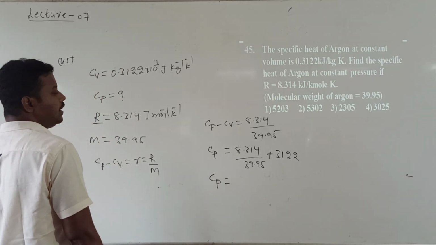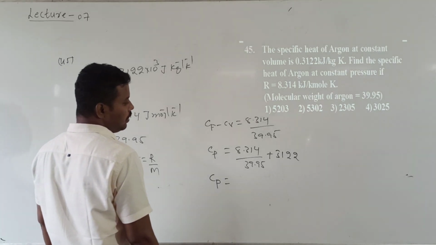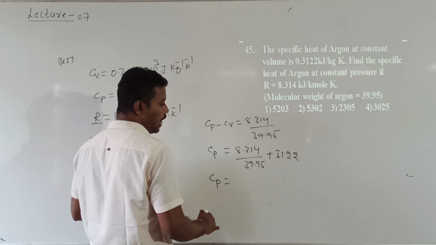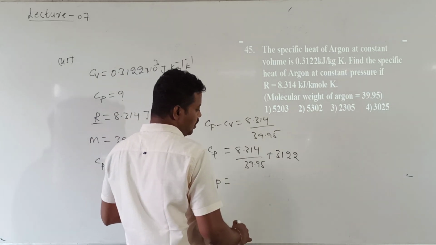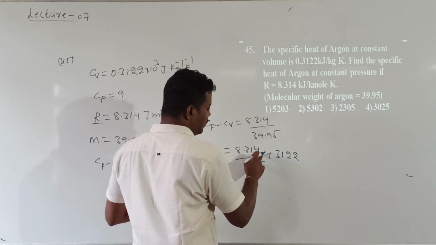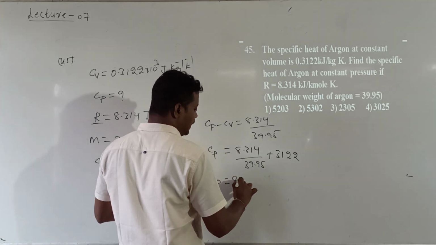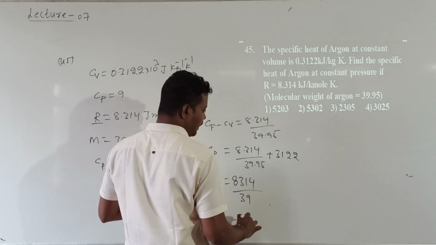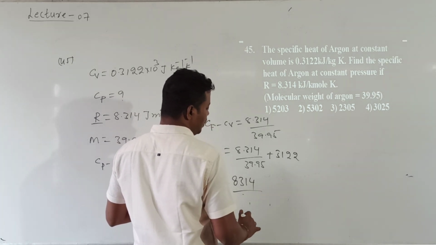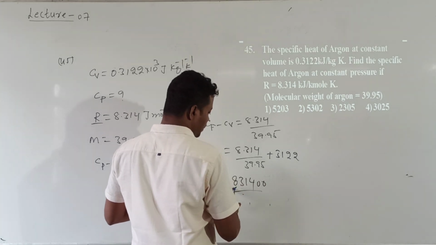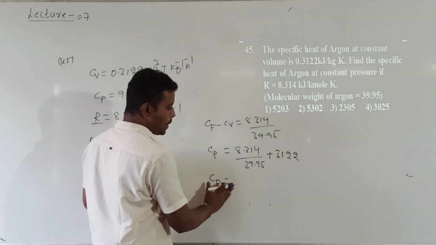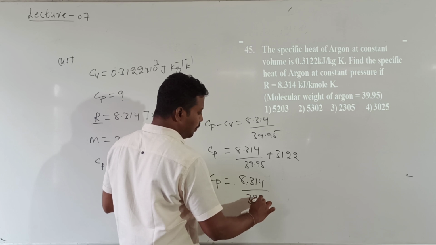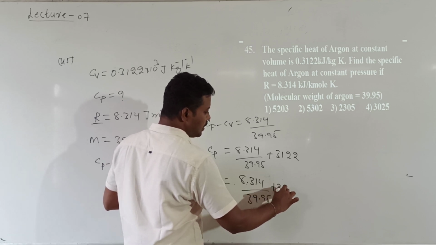So the Cp value is 8.314 divided by 39.95 plus 3122.